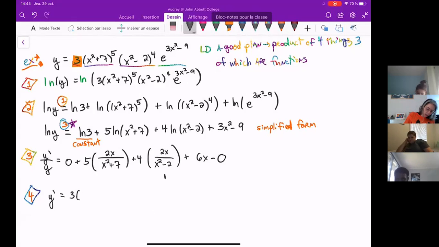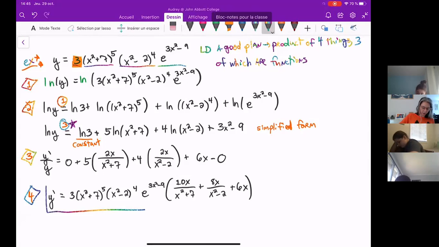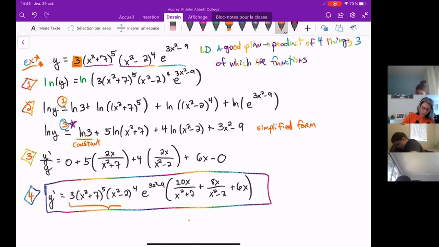So I'm going to have 3 times x squared plus 7 to the 5th times x squared minus 2 to the 4th times e to the 3x squared minus 9. All of this times 10x over x squared plus 7 plus 8x over x squared minus 2 plus 6x, and this is my final answer. This is my y prime.